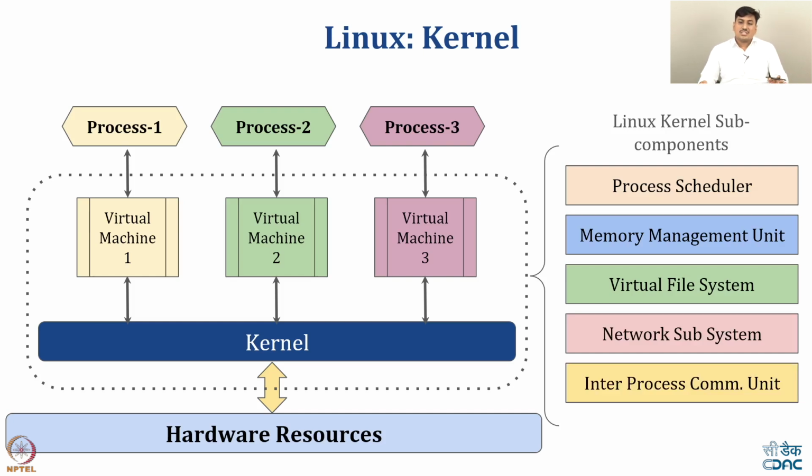Then there is an inter-process communication unit, the IPC unit, which is responsible for communication between processes if they want to communicate among themselves. When it comes to working on multi-core systems or high performance computing systems, there are so many processes running on that particular system, and in between they need to communicate.